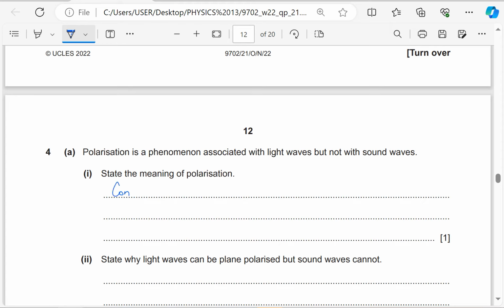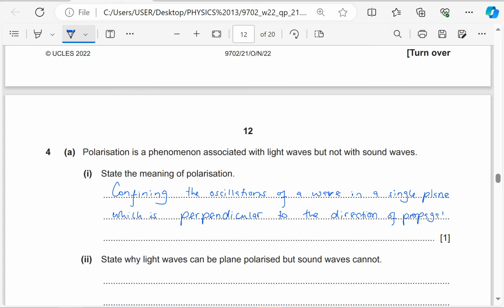So confining the oscillations or vibrations of a wave in a single plane which is perpendicular to the direction of propagation of the wave.